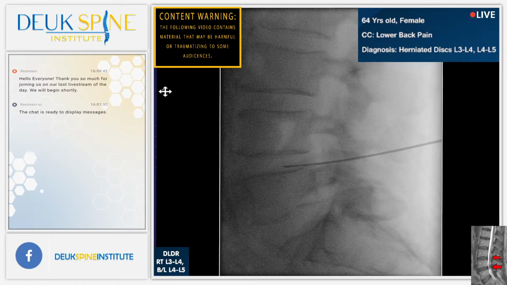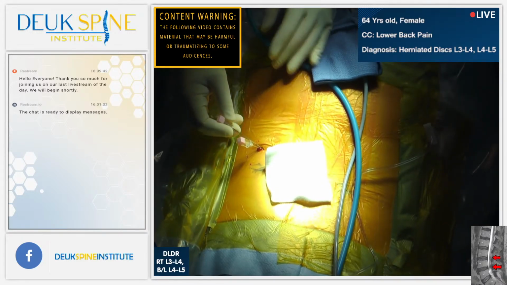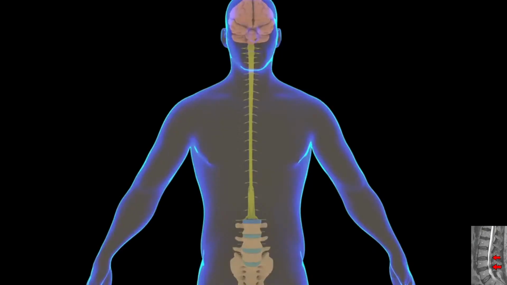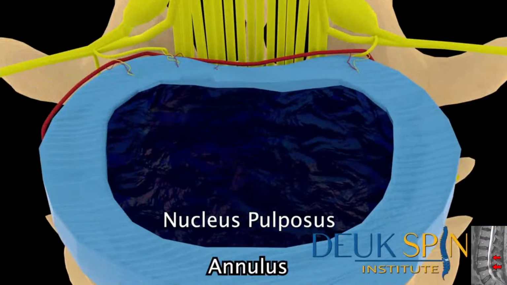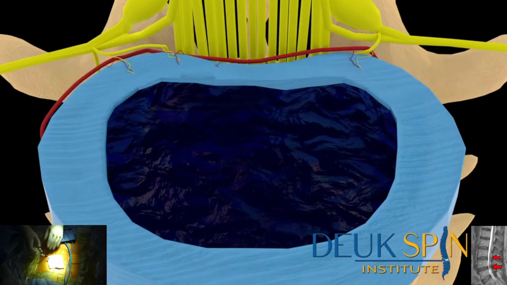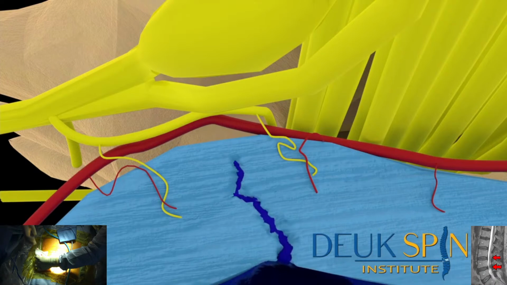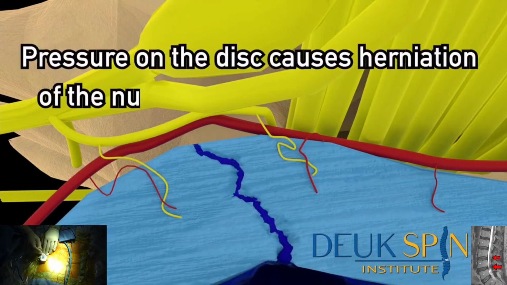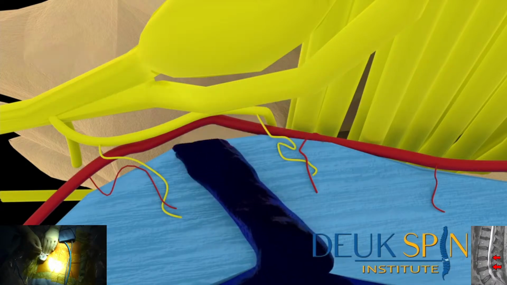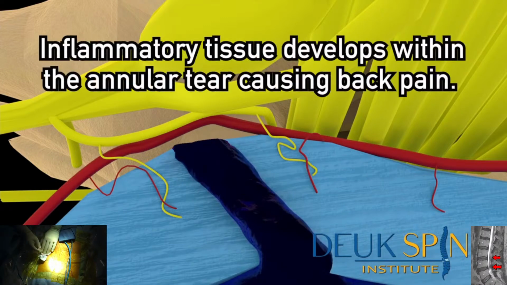Henry, let's show our audience, why do herniated discs cause so much back pain? Traumatic injury to the disc can cause annular tears to form. Pressure on the disc causes herniation of the nucleus pulposus through the annular tear. Inflammatory tissues develop within the annular tear, causing back pain.